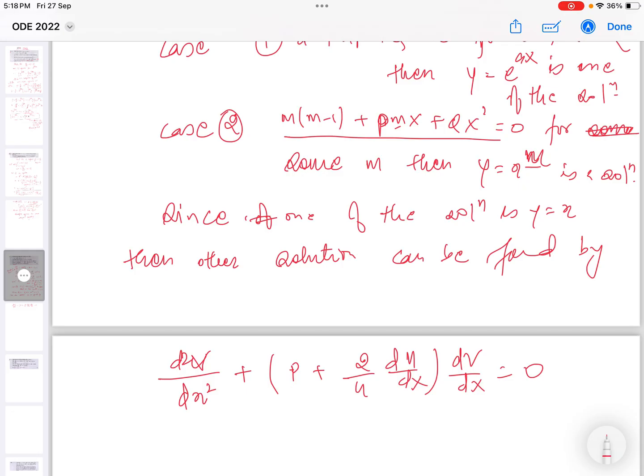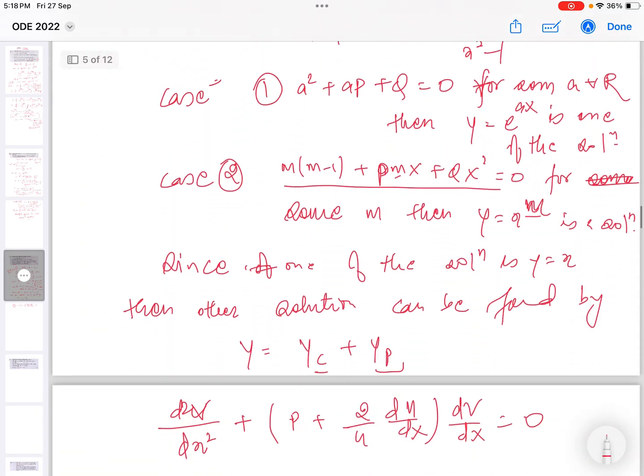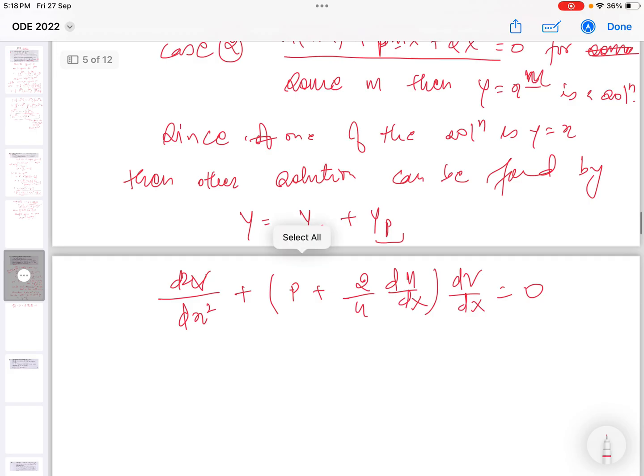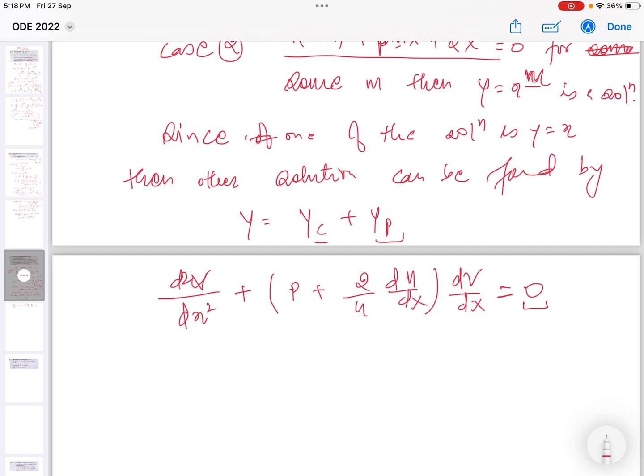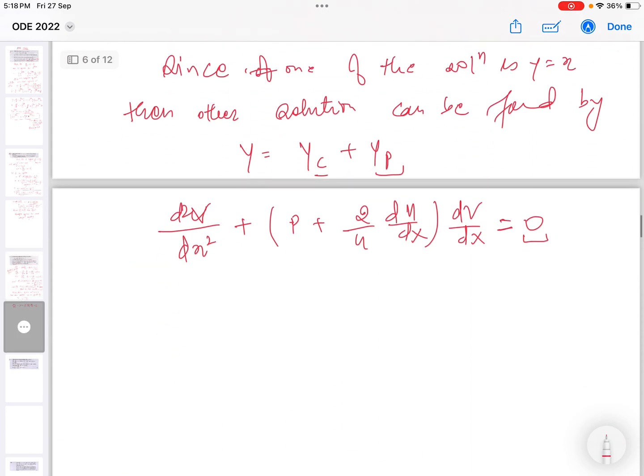Firstly we are looking for the complementary solution. Basically the solution will be yc plus yp, where yc is y complementary and yp is y particular. In order to find the complementary solution, we have to look at the homogeneous equation, which is when the RHS is 0. So here there will be no role of r of x. We'll be proceeding from here only.